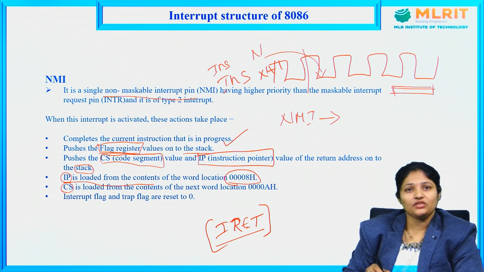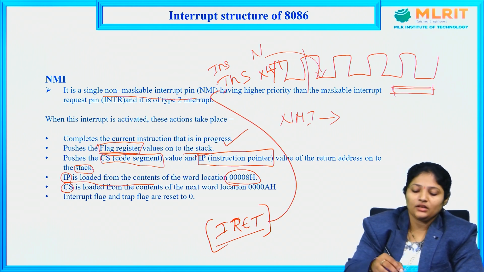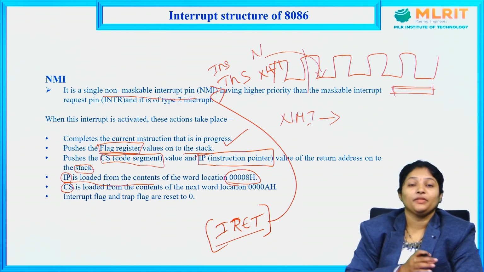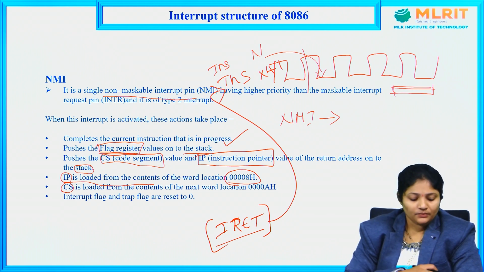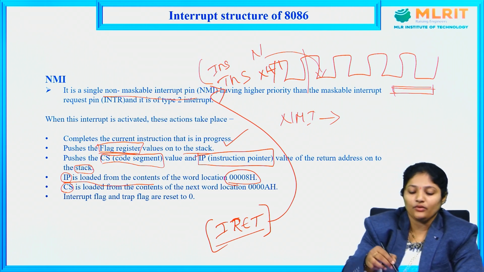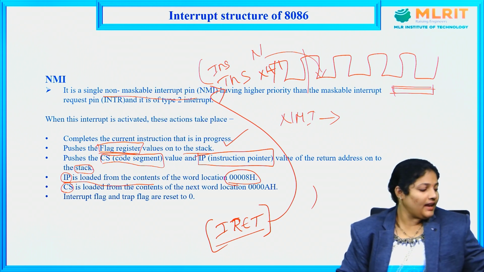When this instruction is encountered by the microprocessor, it will come back to the next instruction in the main program. So this process, how the microprocessor enables the interrupt and how it gets back to the main program, is nothing but the interrupt service routine. This is all about the NMI pin.